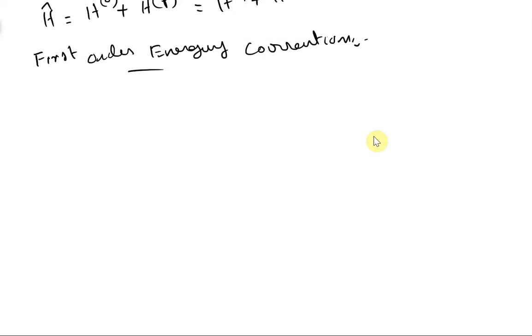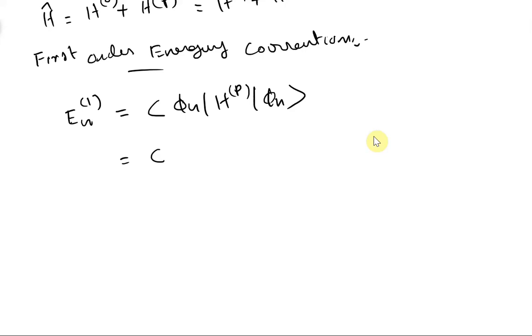It's nothing but En1 is equal to phi n, HP, phi n. This is the equation for first order energy correction. So HP here is nothing but H prime, and that is nothing but our c x raised to 4. So that is phi n, x cap raised to 4, phi n.